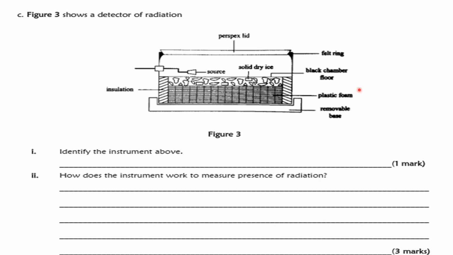So from the structure, you can see this must be what is called a cloud chamber. So cloud chamber, 1 mark. By saying cloud chamber, you have 1 mark. In particular, it's called a diffusion cloud chamber. How does the instrument work to measure presence of radiation? How do you use this to tell the presence of radiation?